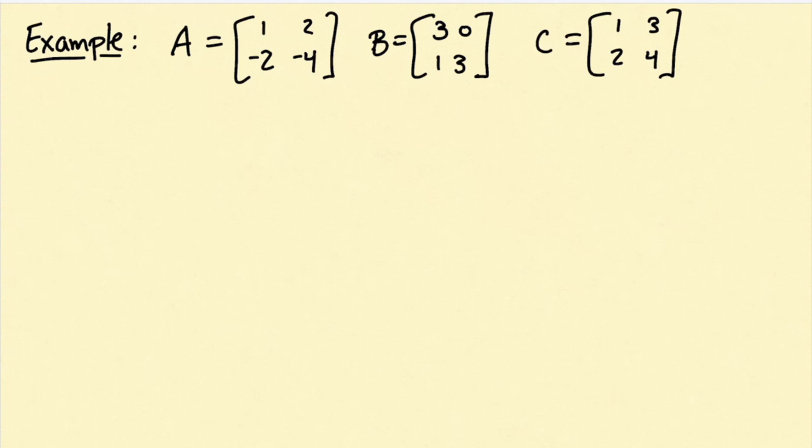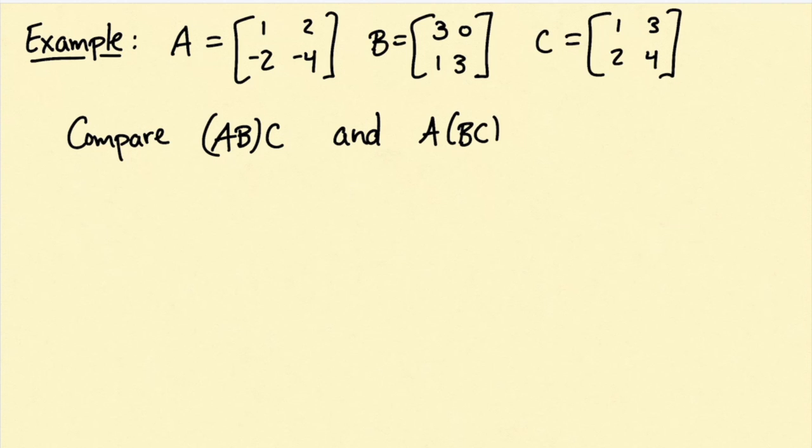These are all three 2 by 2 matrices, so it makes sense to multiply AB and then multiply that by C to get another 2 by 2 matrix. Similarly, we can multiply B times C and then multiply that on the left by A. So take a minute, try this out on your own, see what happens.